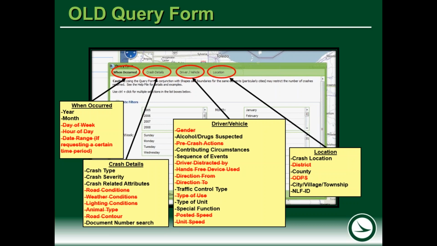For example, if a user comes into the query form and wants to run crash data for a certain location, typically they're not running a query on posted speed or gender or direction from or direction to. These are more qualifications that weren't really being used for the most part, and so we removed those from the query search.